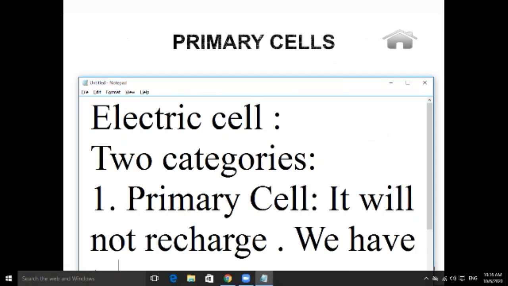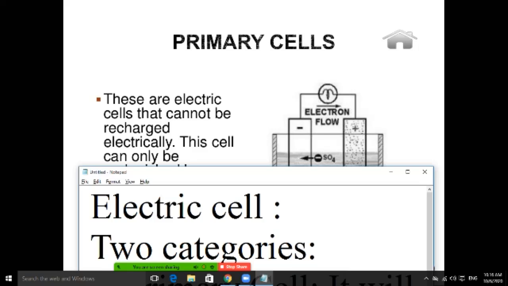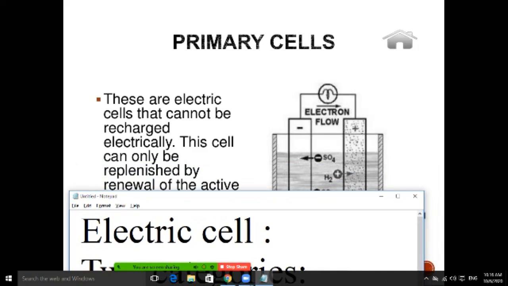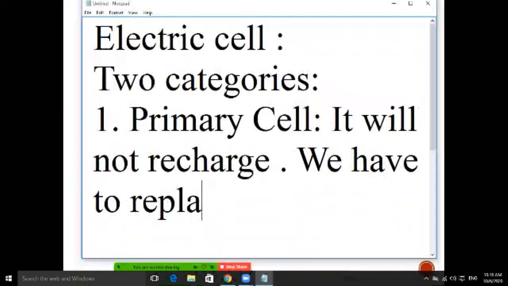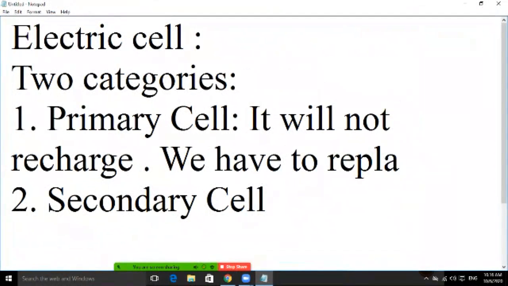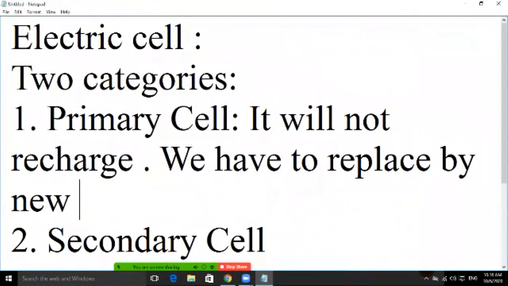We have to replace it with a new cell. So you have seen that a few we can recharge, but a few cells we have to replace. Fine.